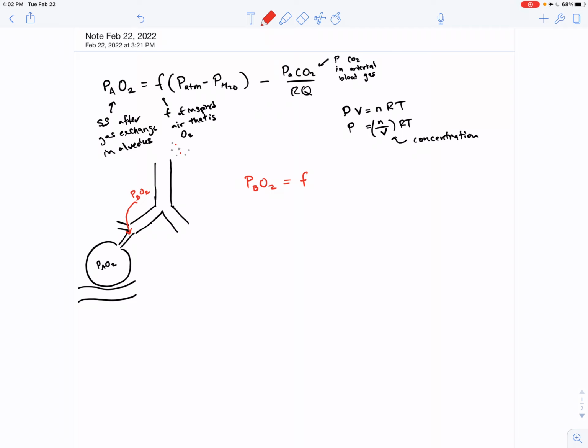And it's also going to be related to the atmospheric pressure, or the atmospheric density, you could say, right? Because remember, concentration or density, n over V, is related to pressure. So the concentration of oxygen in our airway is naturally going to be related to what fraction of the inspired air is oxygen, and how dense is that inspired air? What is the concentration of the air itself? So these two parameters are going to be important.